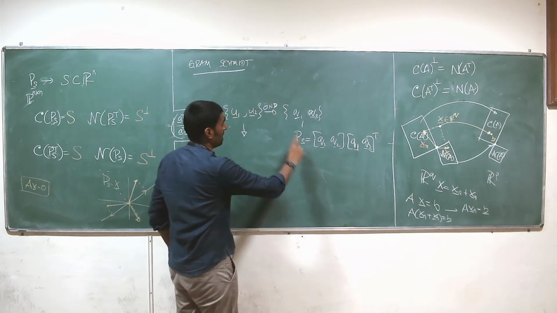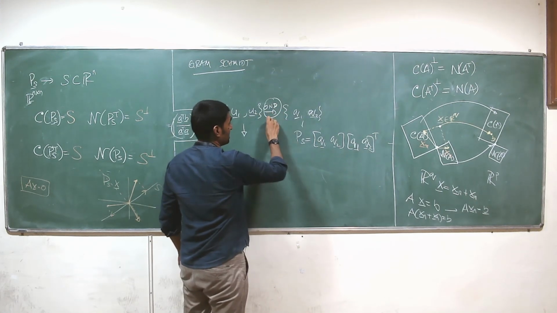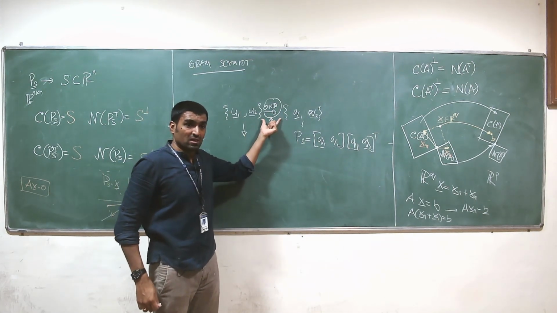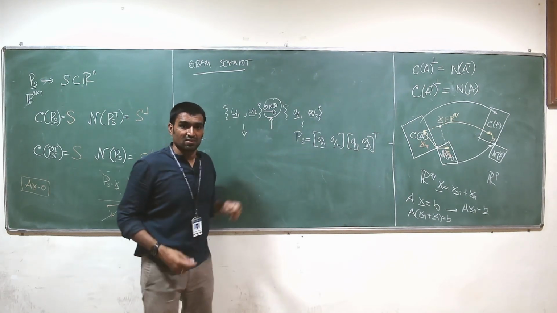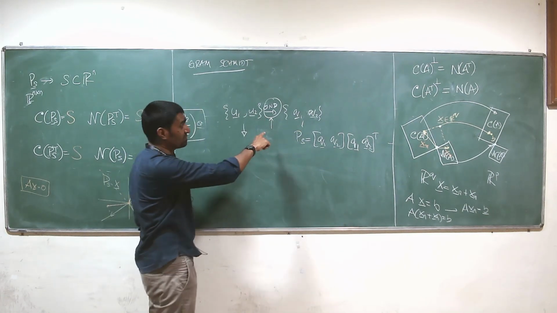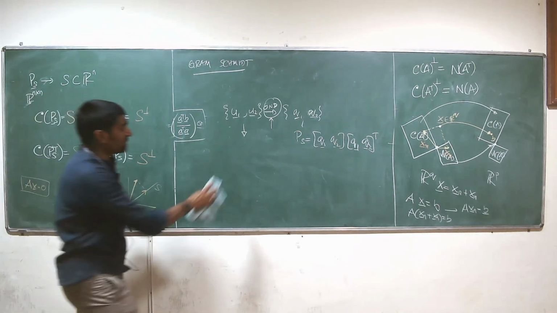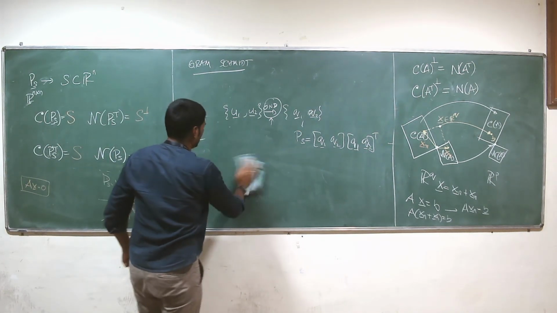And the question is this: is it possible for us to derive an orthonormal basis using any arbitrary basis? One of the procedures for doing that is the Gram-Schmidt procedure, and it's quite simple and easy to understand.